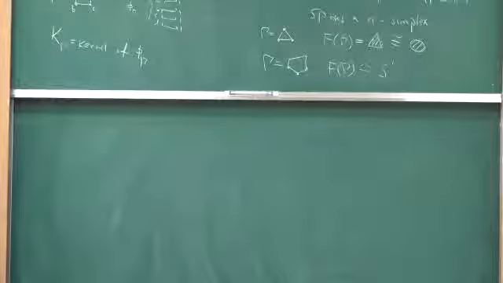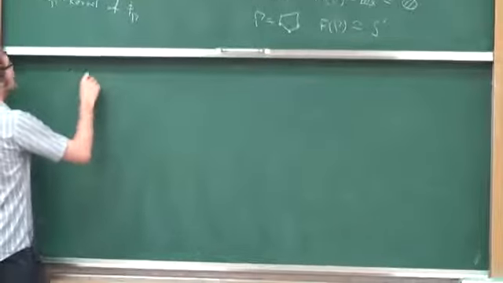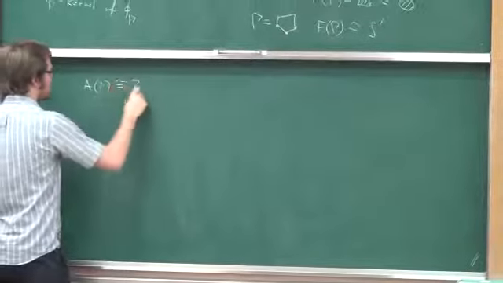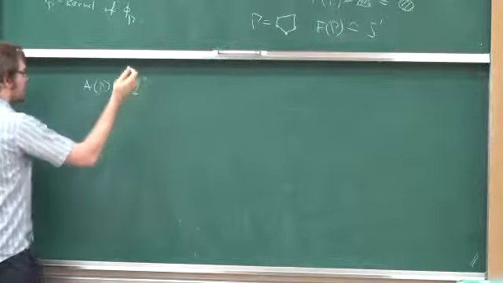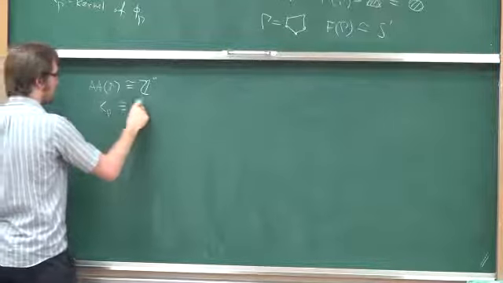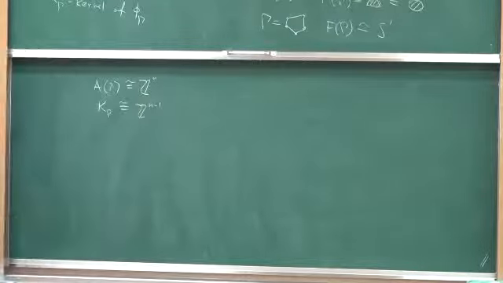So we can think about what this kernel might be in some cases. For example, if A of gamma is Z to the n for some n, then K gamma is abstractly isomorphic to Z to the n minus 1. It's like some rational hyperplane that you've cut out instead of R to the n.